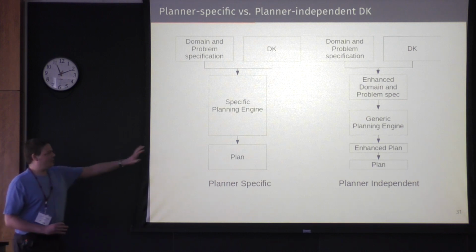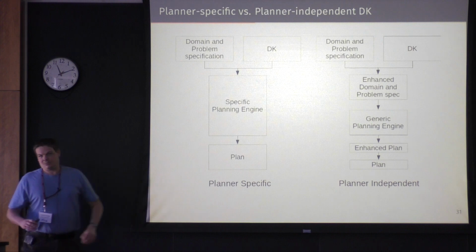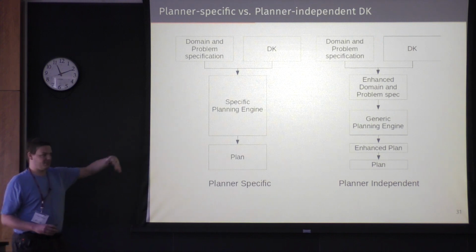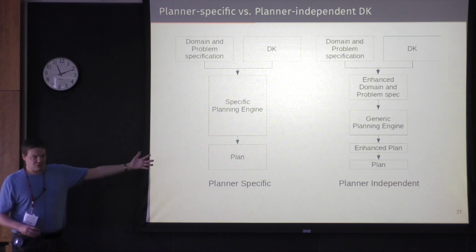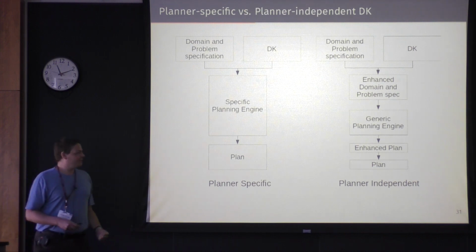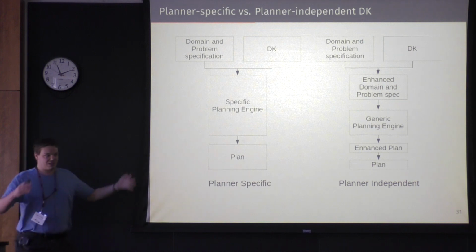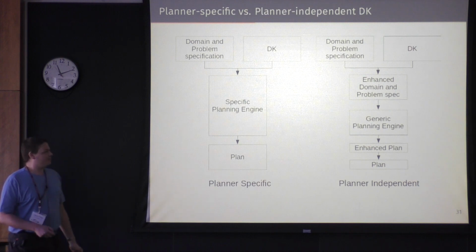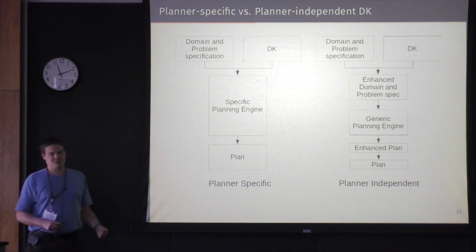Then we can use some generic planning engine, because we have the specification of the model and problem still in PDDL, preferably with the same or lower expressivity, but which still somehow represents the same model with the knowledge. So then we get what we call an enhanced plan.